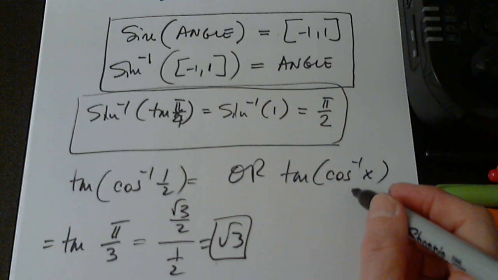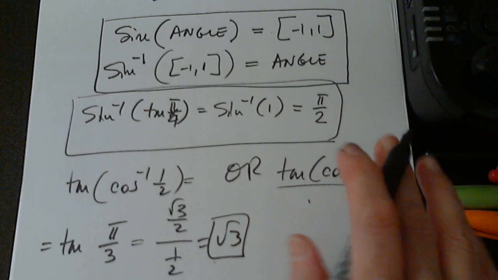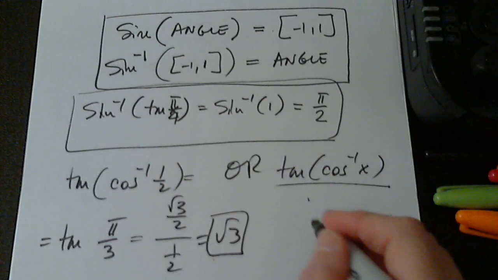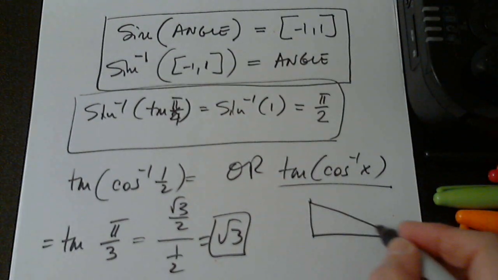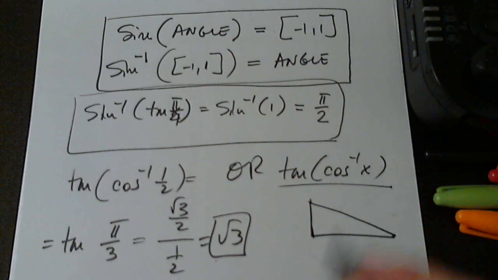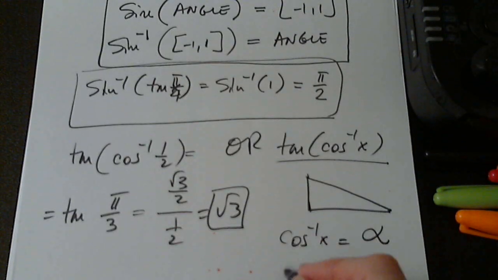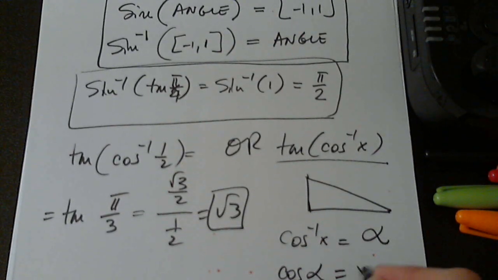How do we address this, which is a general situation? I did not put a general situation on the test, but let's look at it because it's an important example. So you know that cosine inverse x is an angle. It means that cosine alpha is x.